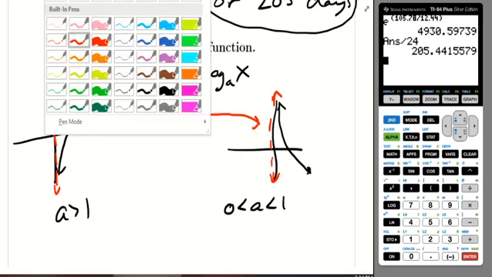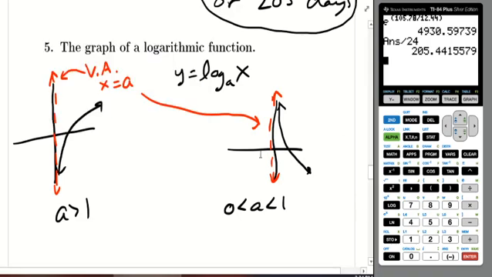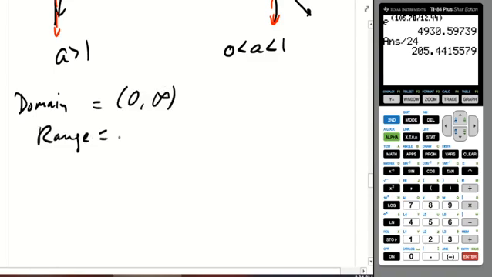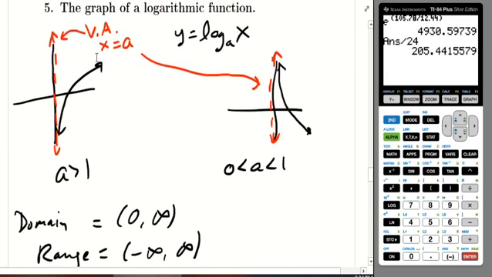But this tells us then what the domain and range is for a logarithm. The domain is all positive numbers. The range is all numbers altogether. Those arrows are meant to say that it goes up to infinity and then down to infinity, but doesn't cross that vertical asymptote line.